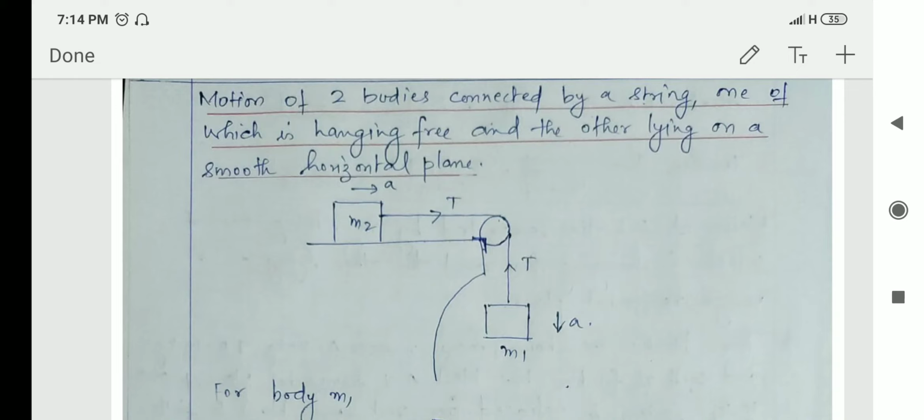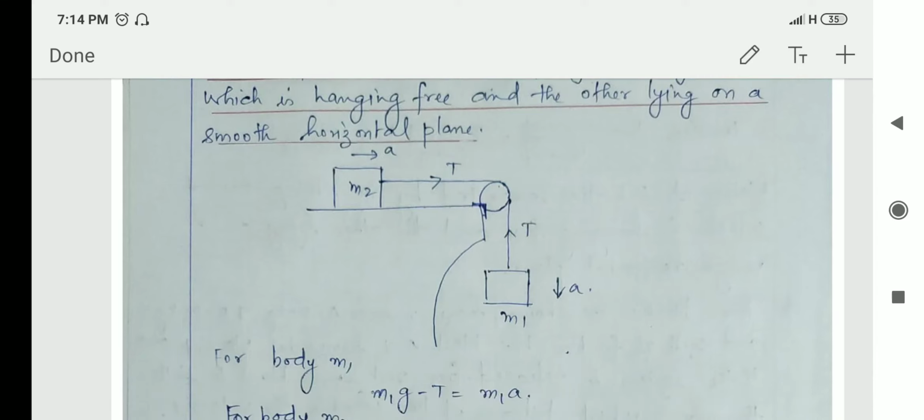Definitely this m1 mass of the body will be moving downwards, right? And the m2 body will be moving towards the right. Okay, so we know the direction of motion. Now we have to find out the acceleration. Suppose the m1 body is moving downwards with an acceleration of small letter a, what will be the acceleration of the m2 body?